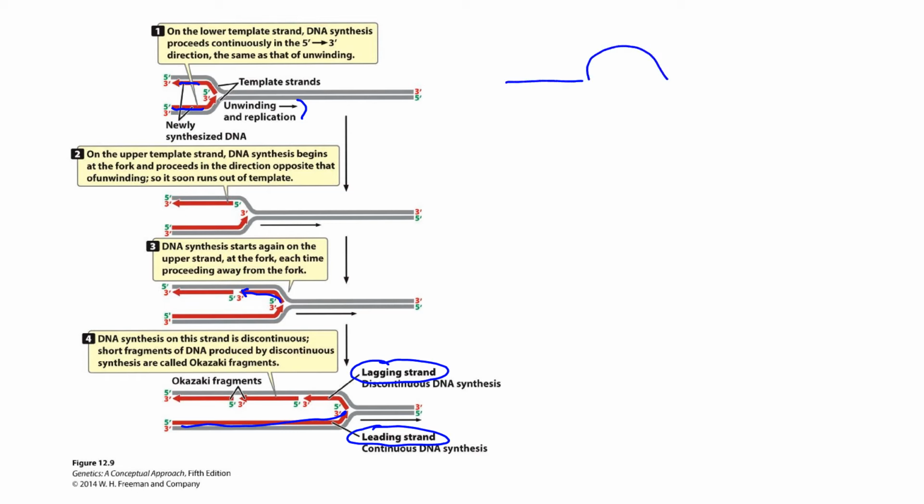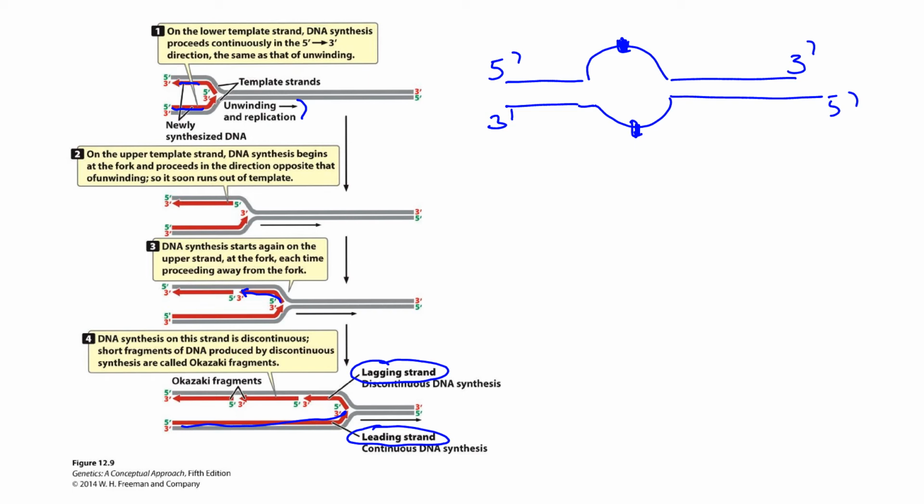So let's pretend this strand is 5' to 3', and this strand is 5' to 3'. Now here is the origin of replication. Replication starts at the replication fork at each origin, and it's bidirectional. So let me use a red one for the newly synthesized strand.